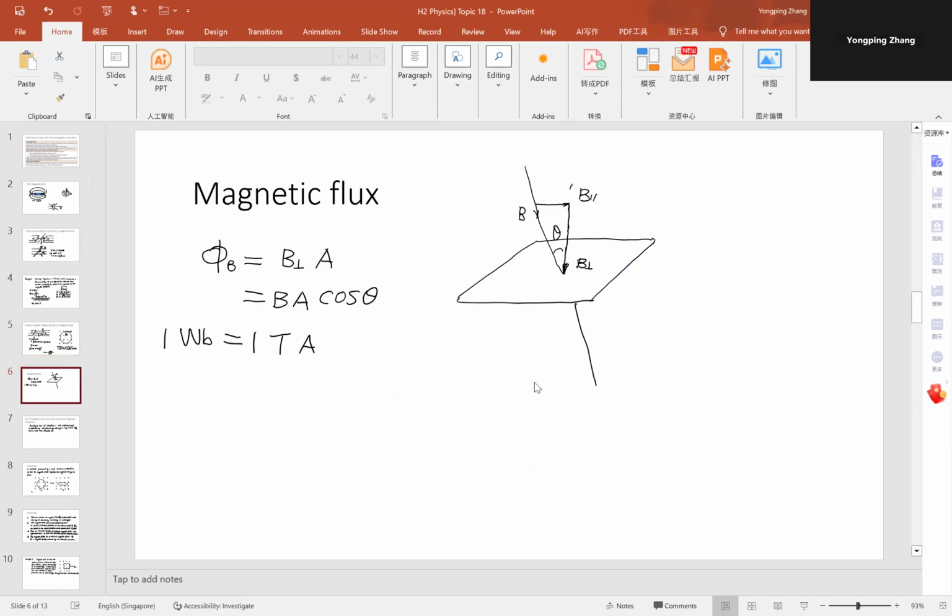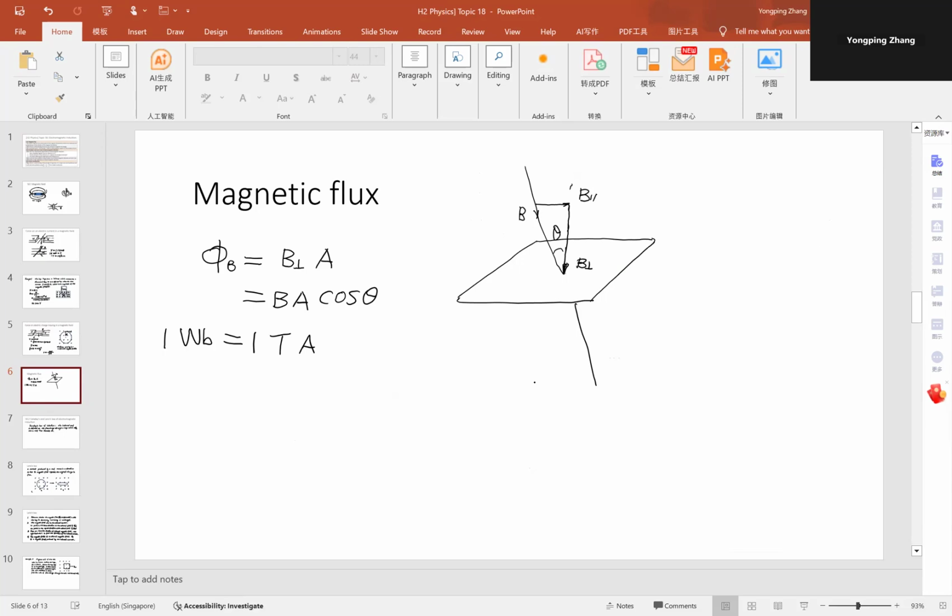For the magnetic flux, this is a loop of wire. This is the magnetic field B. The flux is the magnetic field going through the loop.